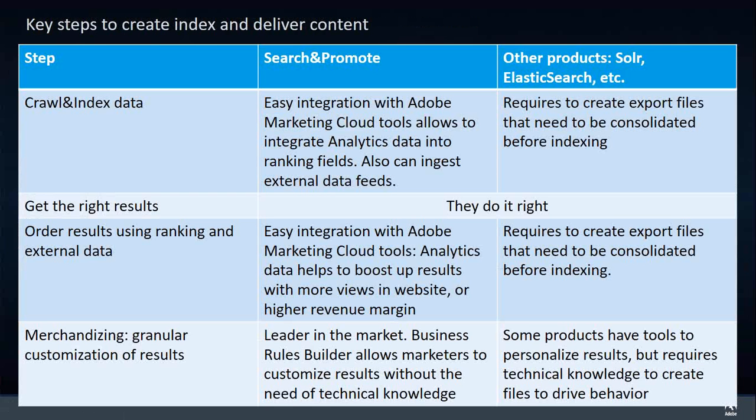Now, we are talking about Search and Promote to replace the Google search appliance. So how do we rank with other products like Solr and Elasticsearch? To crawl data and index data, Search and Promote has an easy and seamless integration with other products of the Marketing Cloud from Adobe.